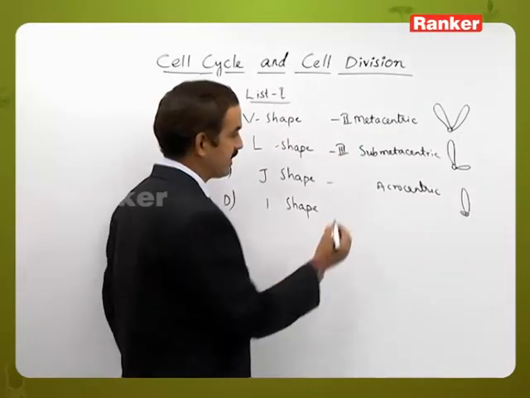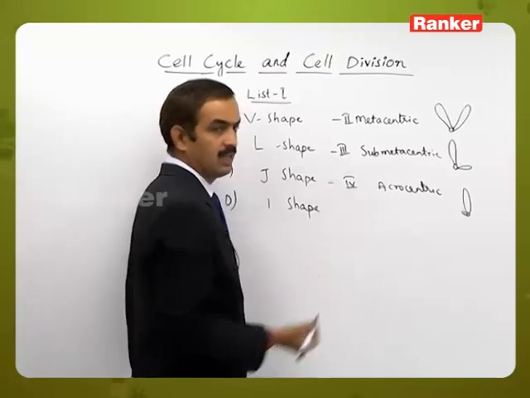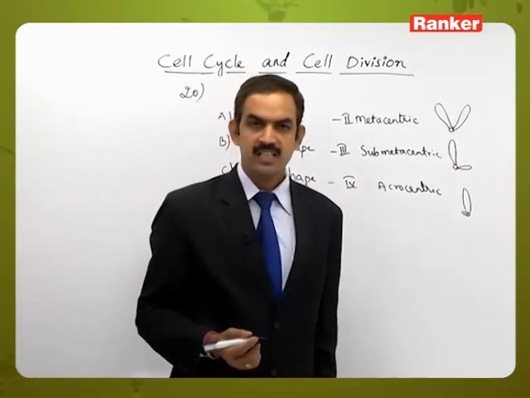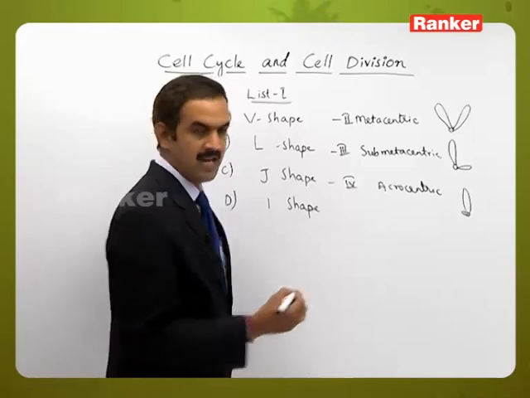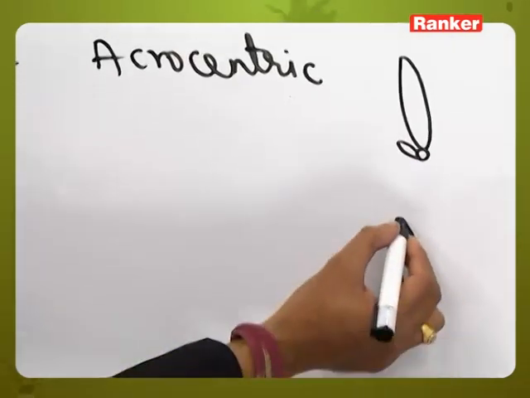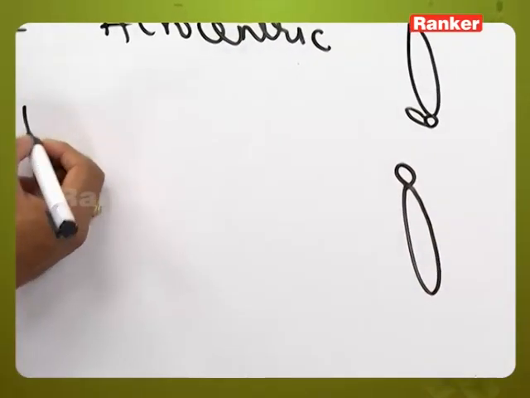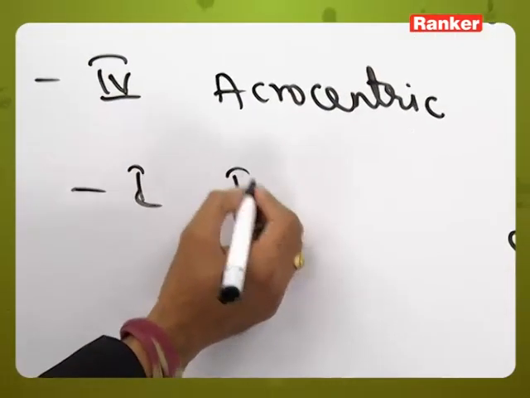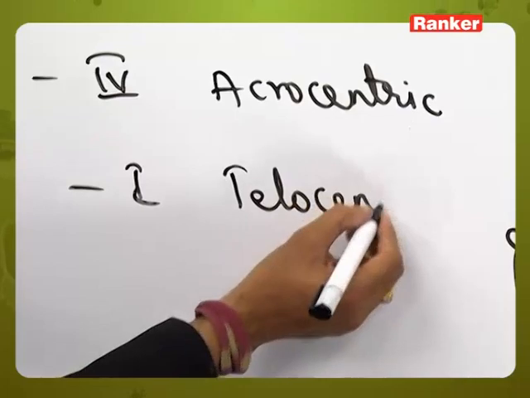Acrocentric chromosome, that is option number 4, where the centromere is near to the tip. And the last one is I shape, where the centromere is exactly at the telomere region, so we call it a telocentric chromosome.